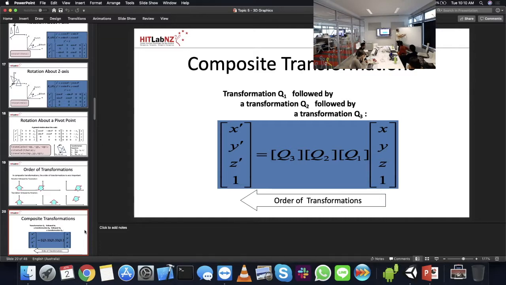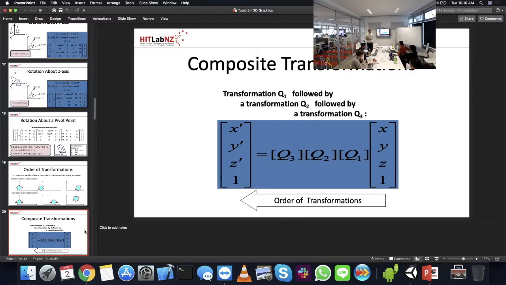If we did the translation first and then the rotation, it will be different than if we do the rotation and then the translation. If we do 2 rotations, it may not necessarily matter depending on how far we're rotating. If we do 2 translations, it probably won't matter. Likewise, 2 scalings.